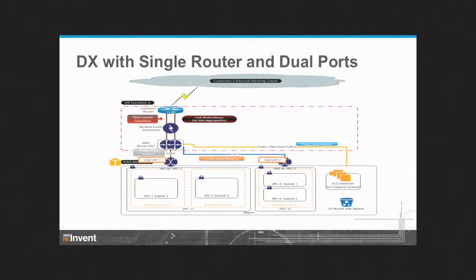This would be a little more of a robust solution for Direct Connect, and this is probably the more recommended solution, where you've got a single or dual routers on your end, facing dual routers on our side. And if you order 2 Direct Connects, you can have link level redundancy and router level redundancy on our side.